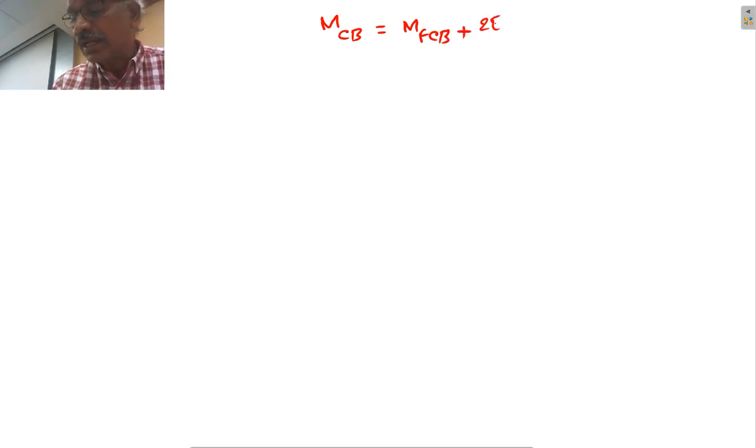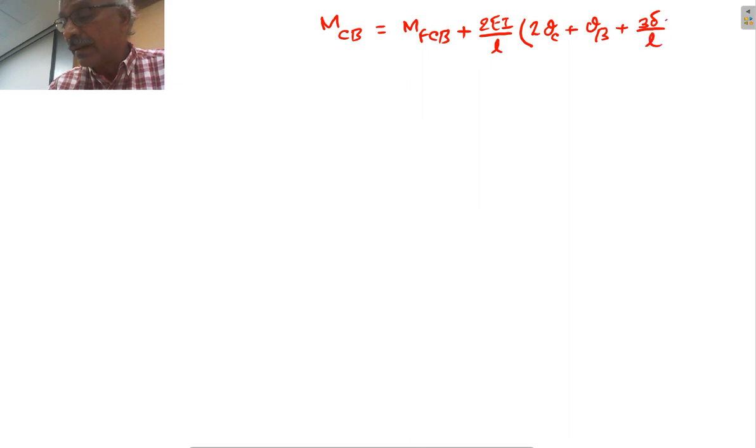Right. Now next is MCB. MCB equals M of CB plus 2 EI by L into 2 theta C plus theta B plus 3 delta by L. Now theta C is 0, delta is 0, M of CB is also 0.